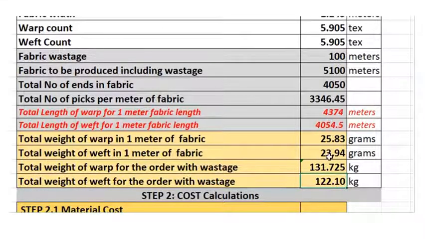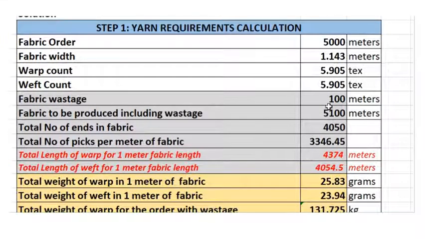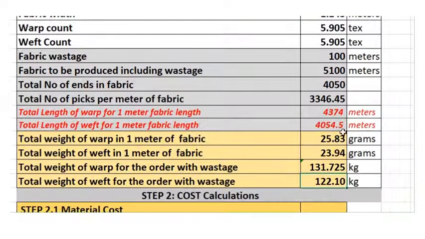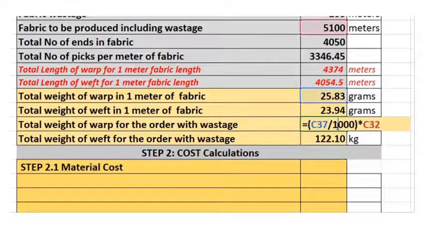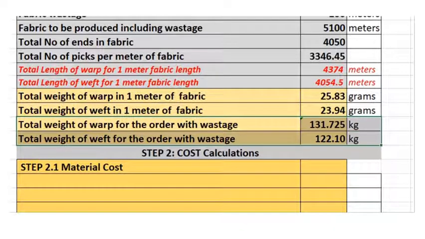Weft yarn 23.94 into the fabric to be produced with wastage. So 5100 divided by 1000, you will get in kgs. I told for warp as 5000, it is not 5000, it is 5100. Because along with wastage, we need to find the warp and weft yarn. So this is an important value.